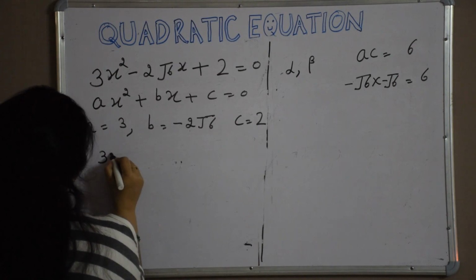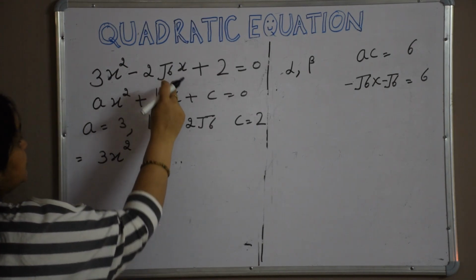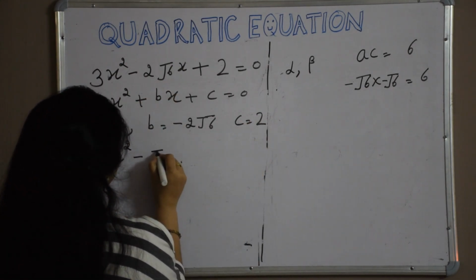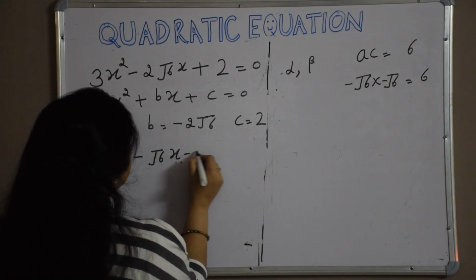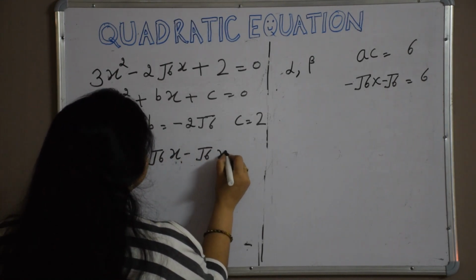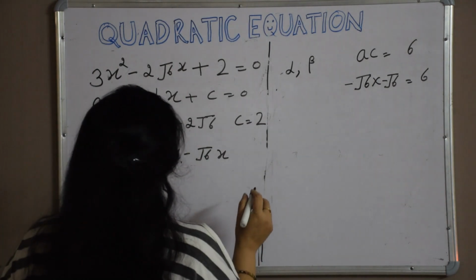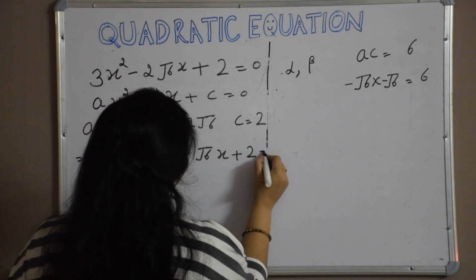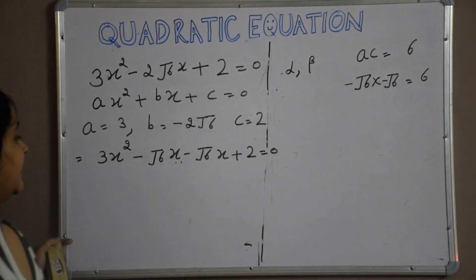So now minus 2 root 6 is split into minus root 6 minus root 6 plus 2 equals 0. Now we have to take common factors.